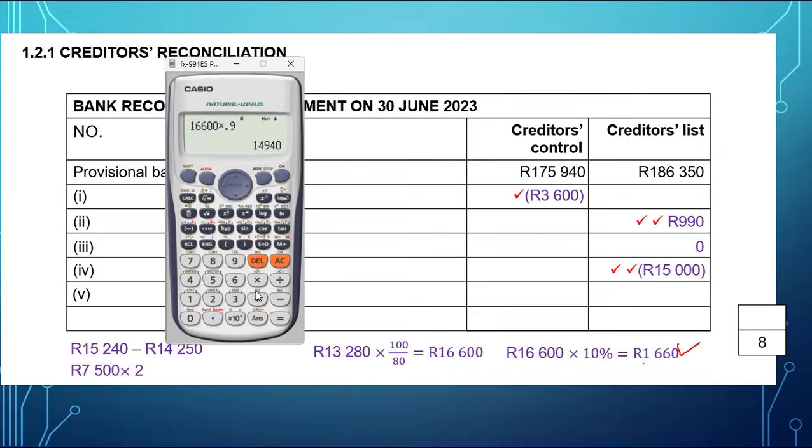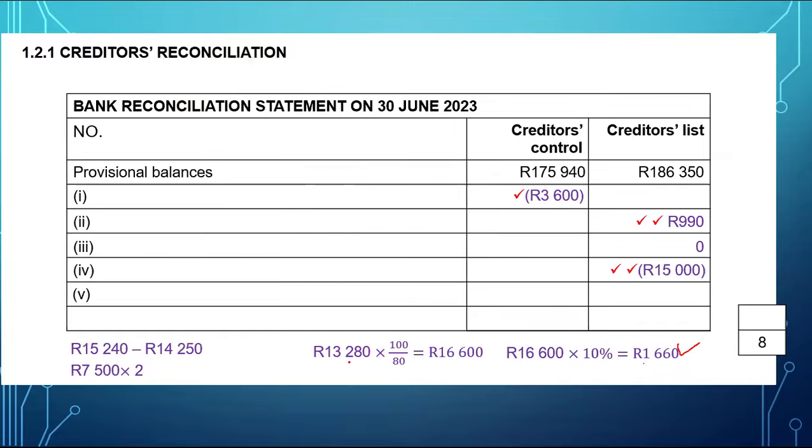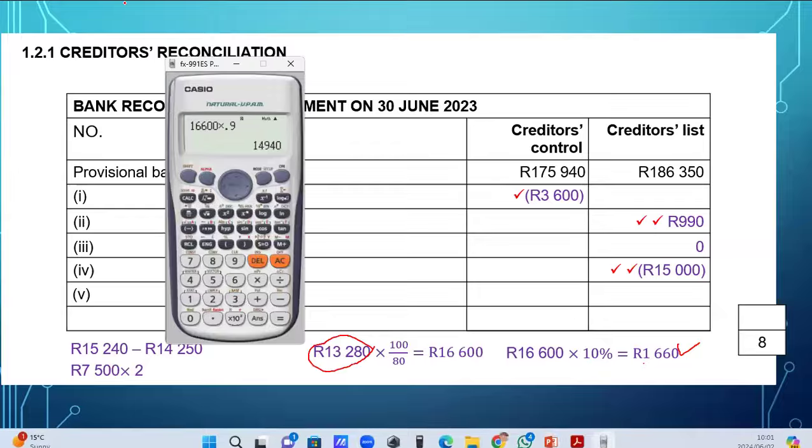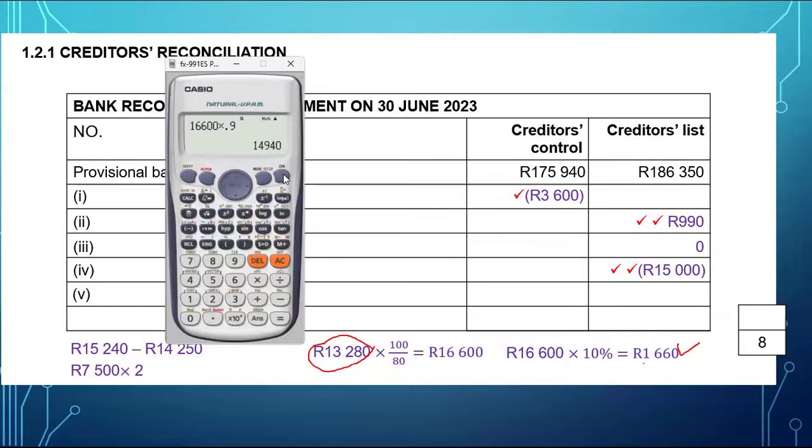Instead of recording it at 14,940. Basically, we are saying we owe them 13,280, but we actually owe them 14,940. So we are going to add the difference because we recorded that at 13,280.